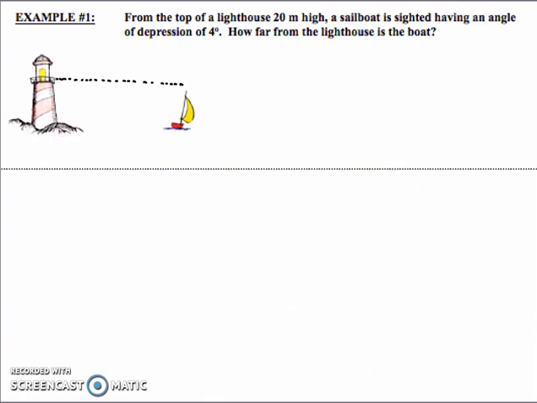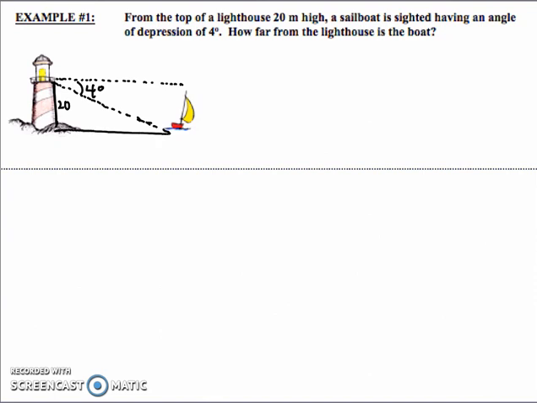And then we know that our angle of depression, looking down at the boat right here, again, drawing not to scale, this angle right here is 4 degrees. And we also know the height of the lighthouse right here is 20.